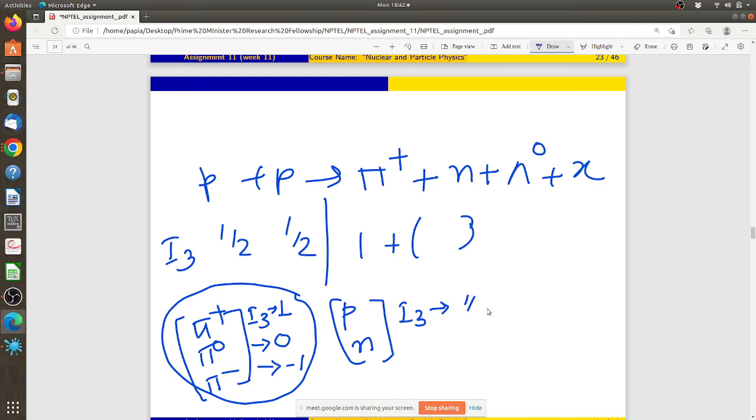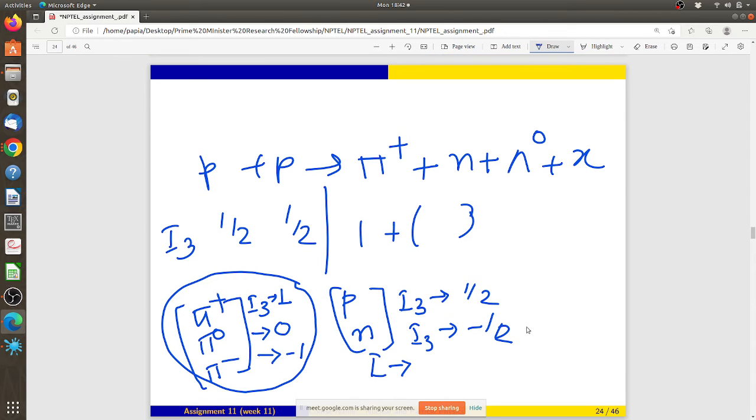I3 is half for P. I3 is minus half for n. See, I value will be like, okay, just a minute. 2I plus 1 is the number of members.